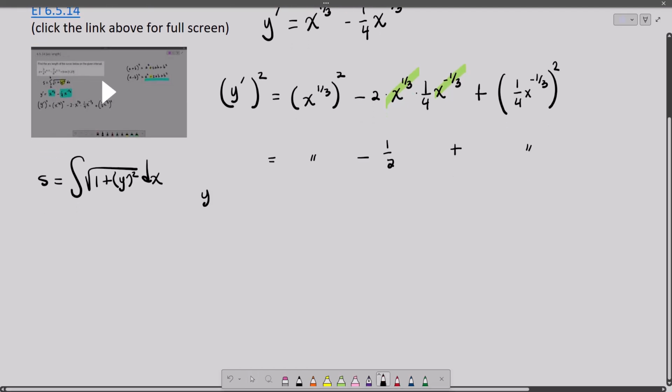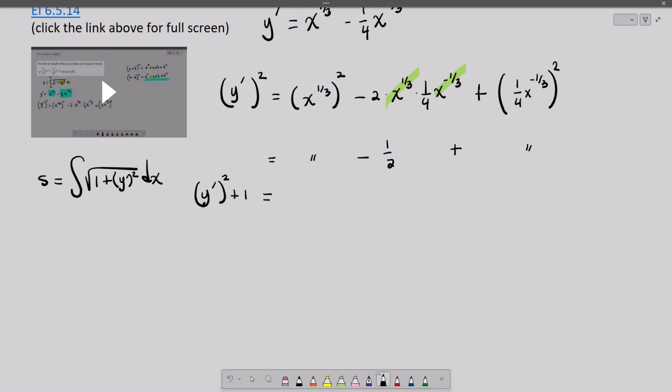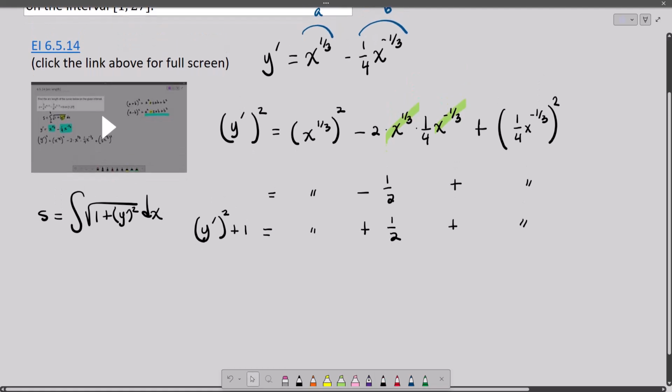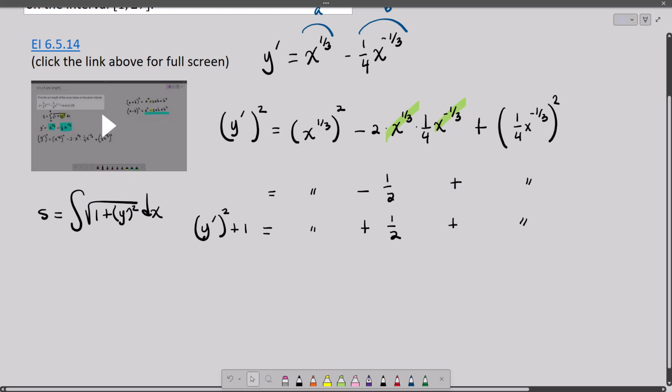So now we're going to add 1 to both sides. And when we add 1, the only thing that changes is that middle term goes from -1/2 to +1/2. So we know that it's still a perfect square trinomial, and it factors into almost that.